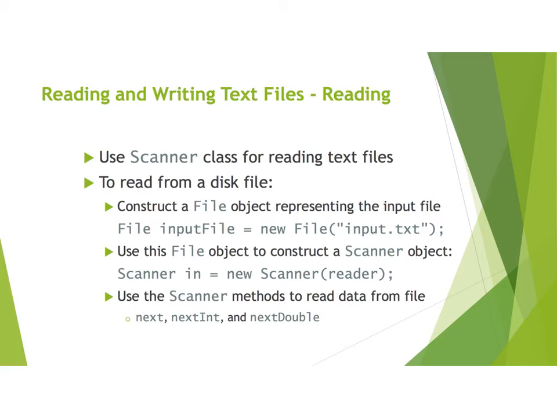In the next step, you can use the Scanner methods to read data from the file. There are different Scanner methods like nextInt, nextDouble, and many more. Let's talk about some of the methods and how they work.